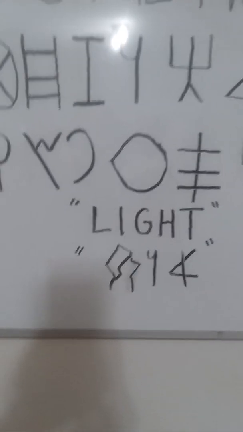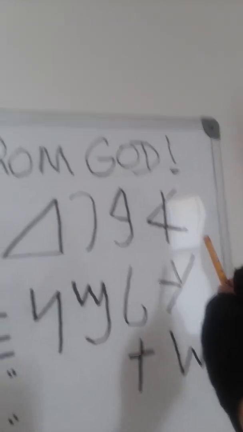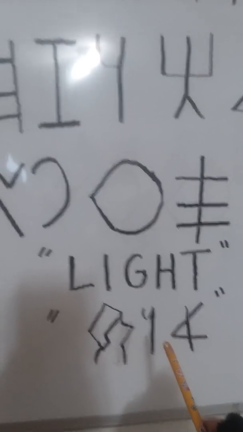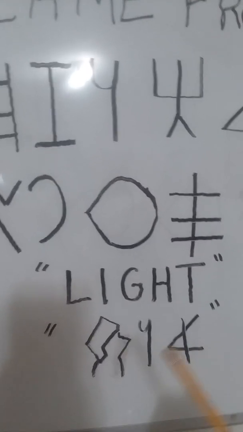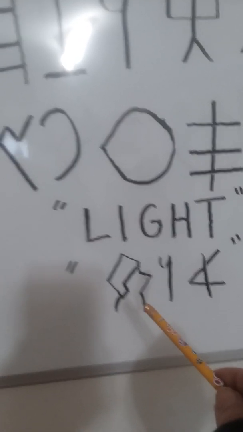Now, this letter Aleph is the first letter in the alphabet. It became our letter A. This is a letter Vav, which can mean and or it can mean a nail. This is the letter Resh that means the highest man, master, or rabbi.